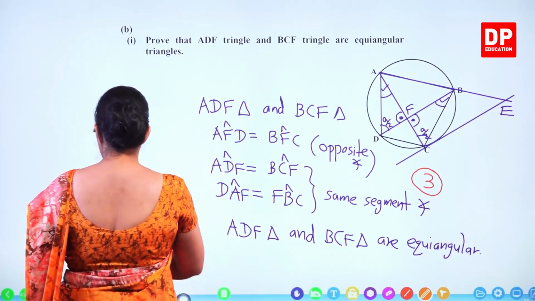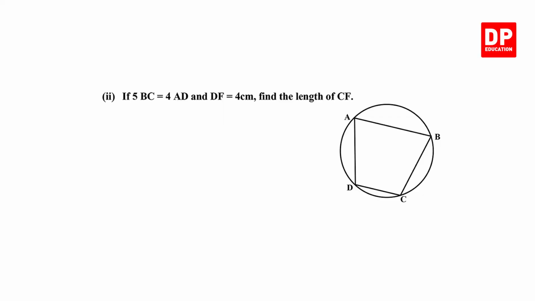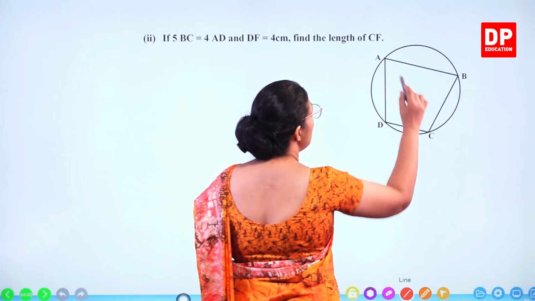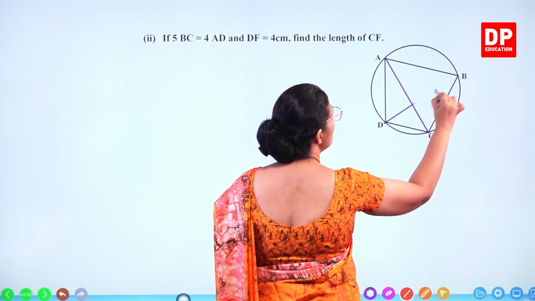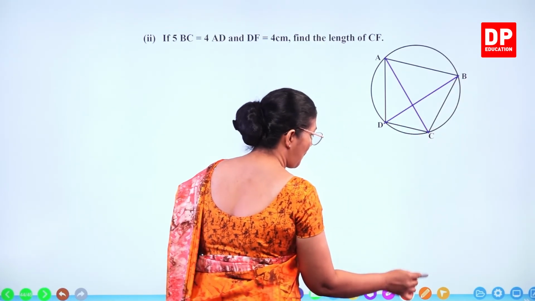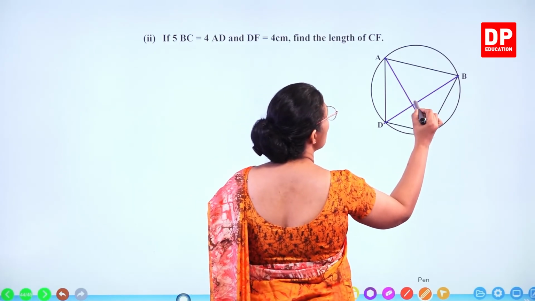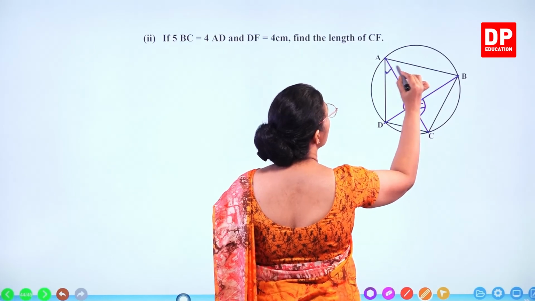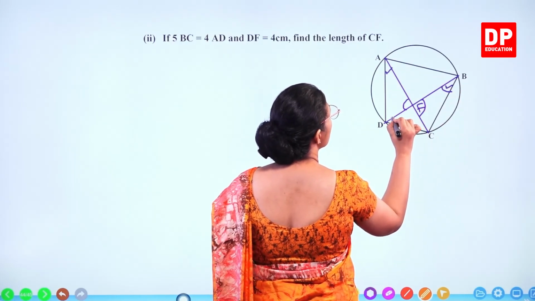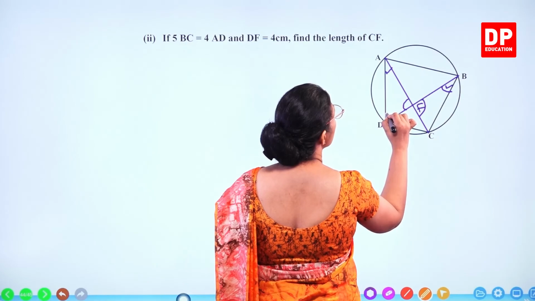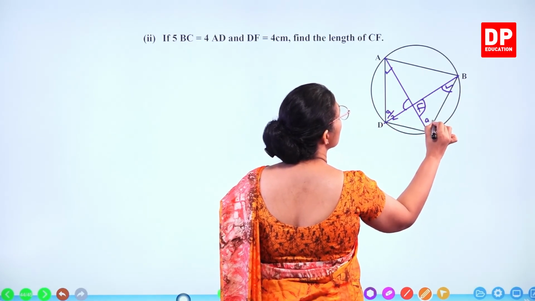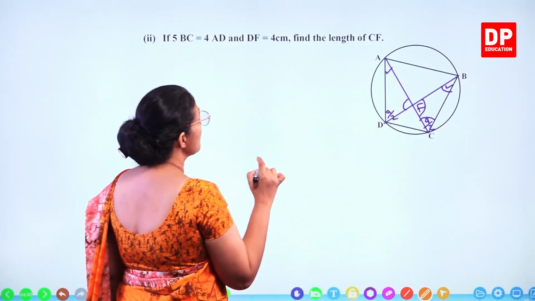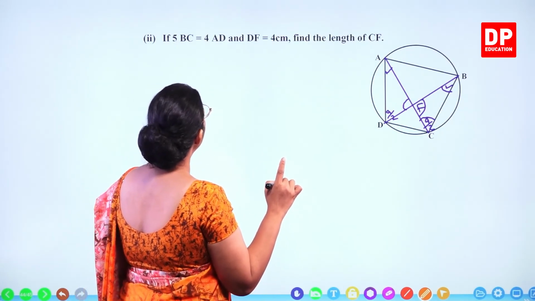Then the last part: if 5BC is 4AD and DF is 4 cm, find the length of CF. So here we found out that the two triangles are equiangular. We can use those two triangles. This is F. 5BC is 4AD.